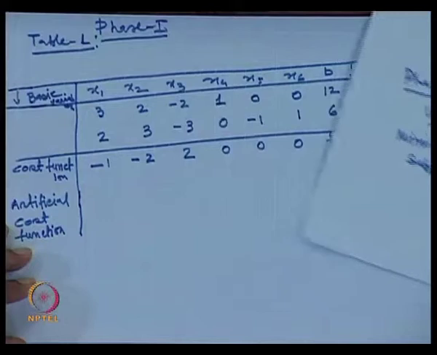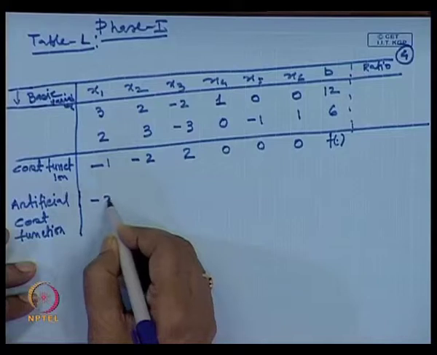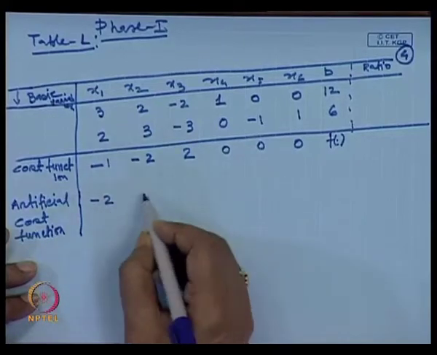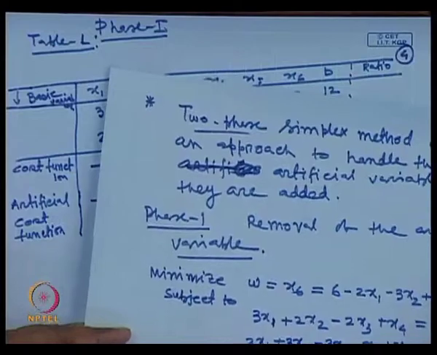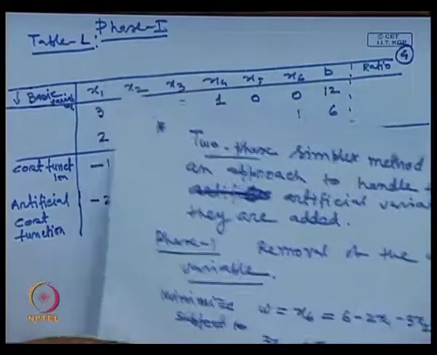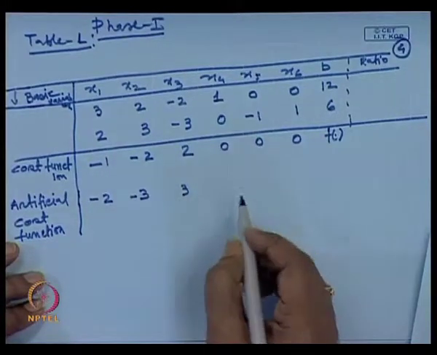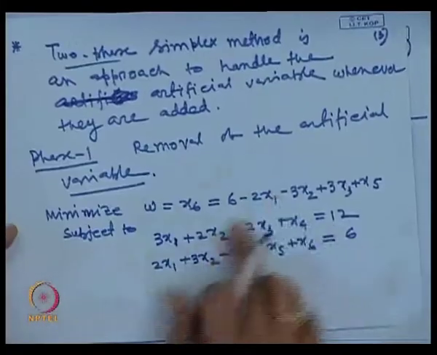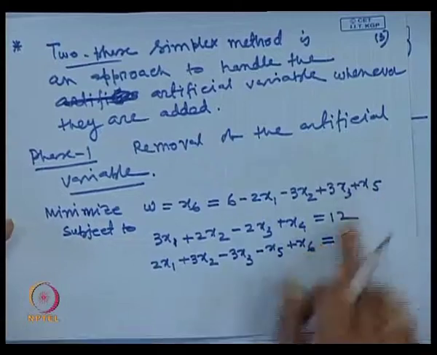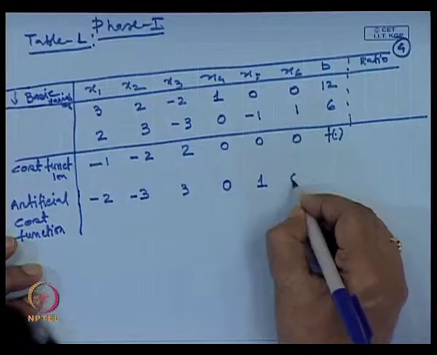So accordingly, under x 1 is minus 2, then minus 3, then plus 3, there is no coefficient for x 4, x 5 has coefficient 1, and x 6 has no coefficient.